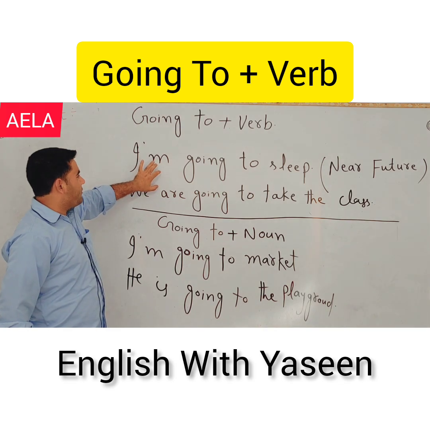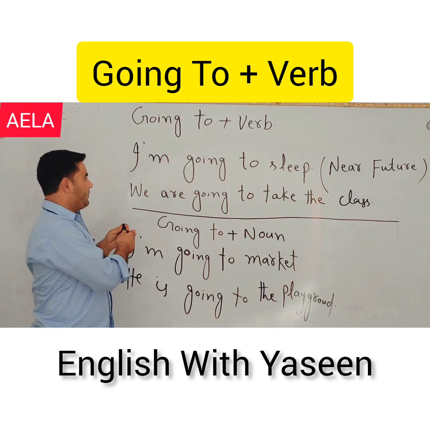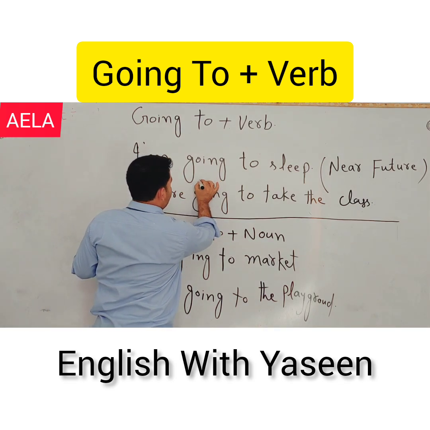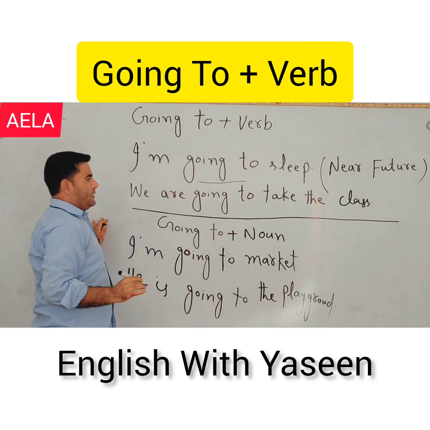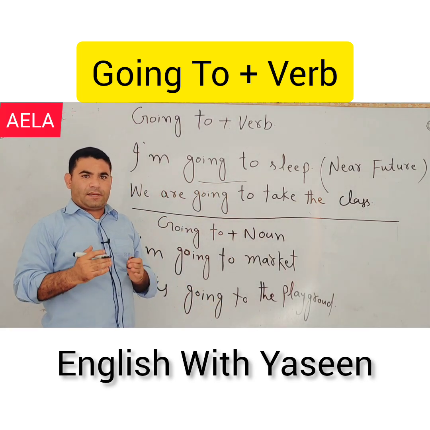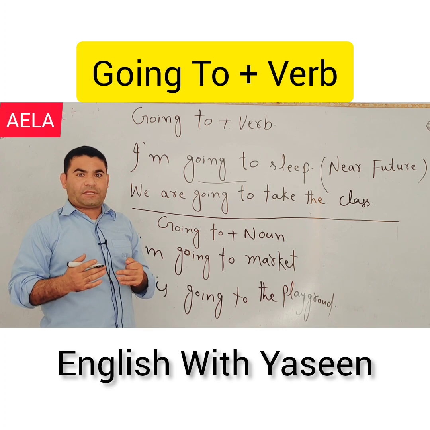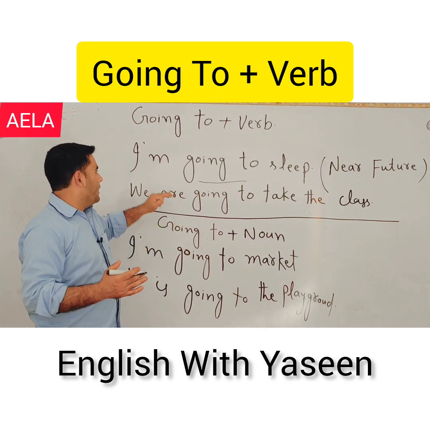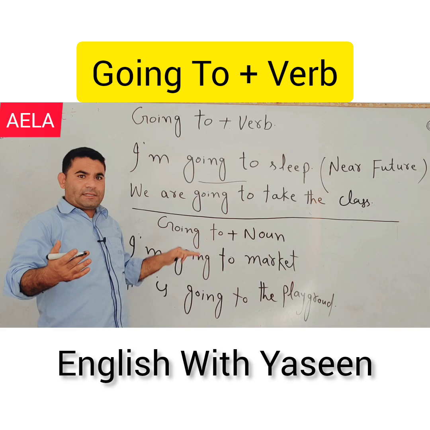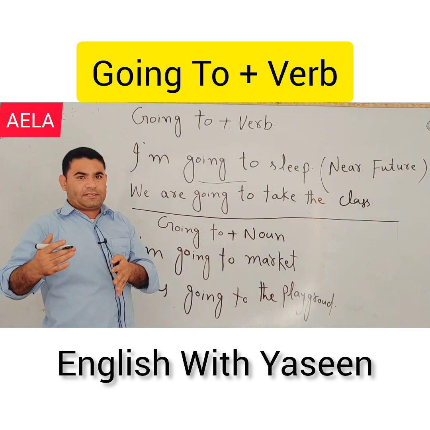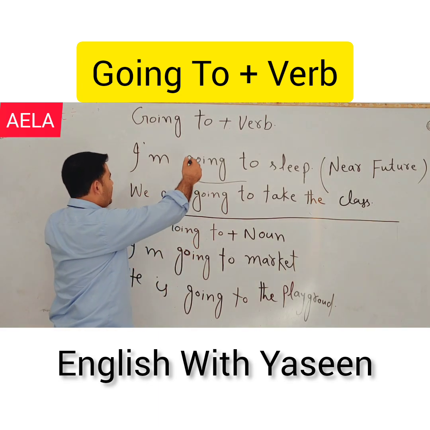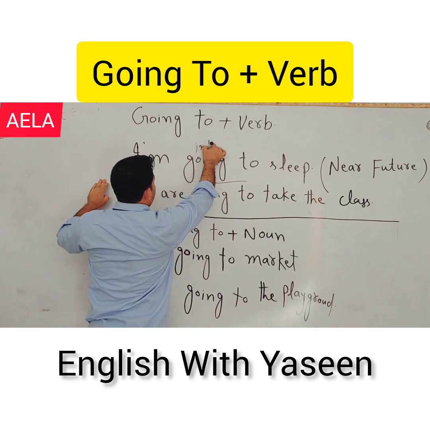When you use a verb after going to, this going to is not an in-progress action. It doesn't show us the action in this sentence. It becomes maybe an intention.